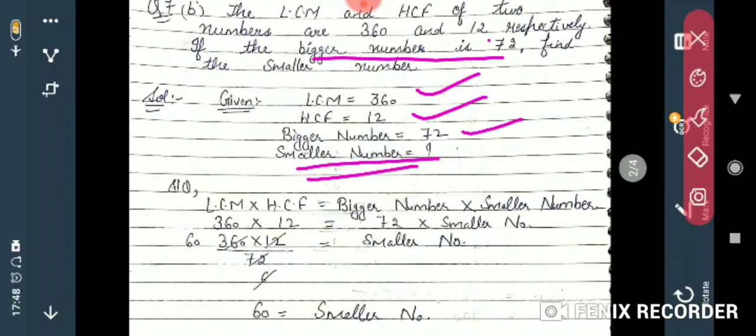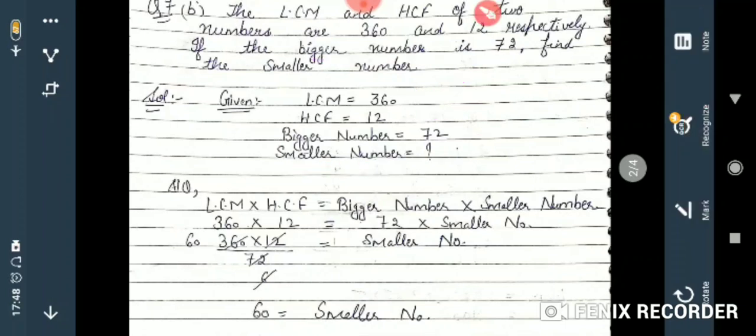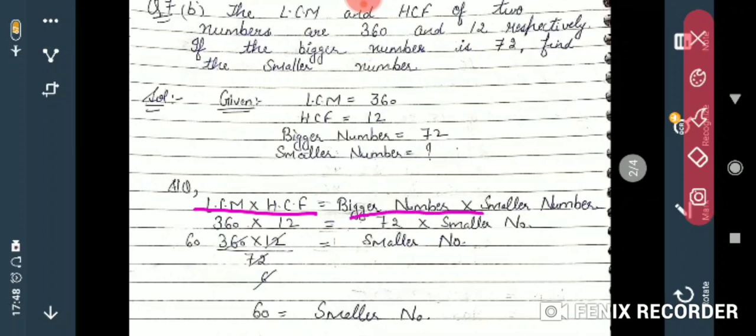What you have to find is the smaller number. One formula is there: LCM multiply HCF equals bigger number multiply smaller number. Here you can also write first number multiply second number.